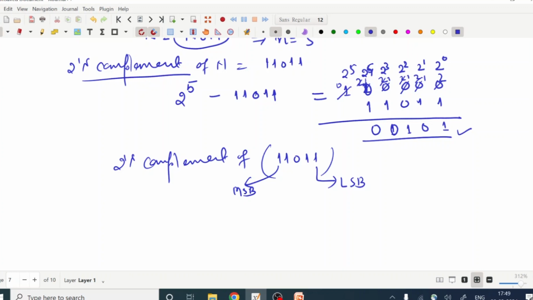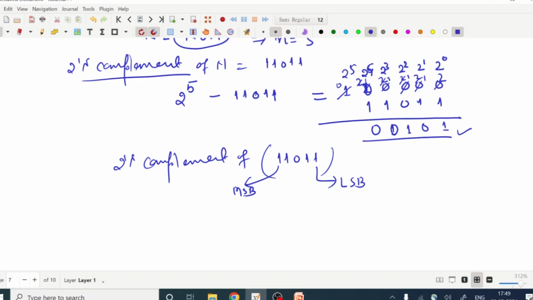We always start from the least significant bit until the first non-zero digit comes. When the first non-zero digit comes, every 0 is replaced by a 1 and every 1 is replaced by a 0.